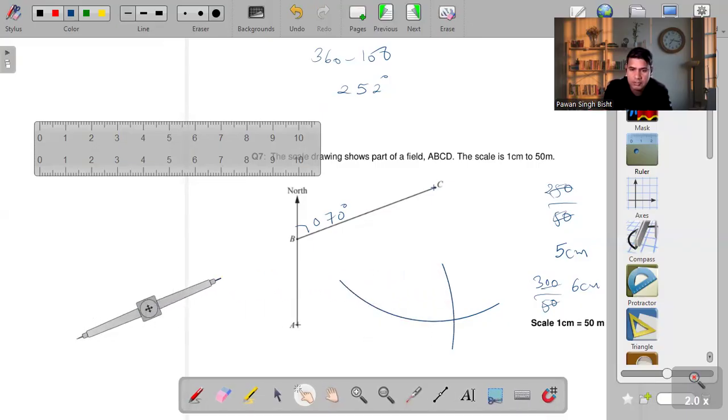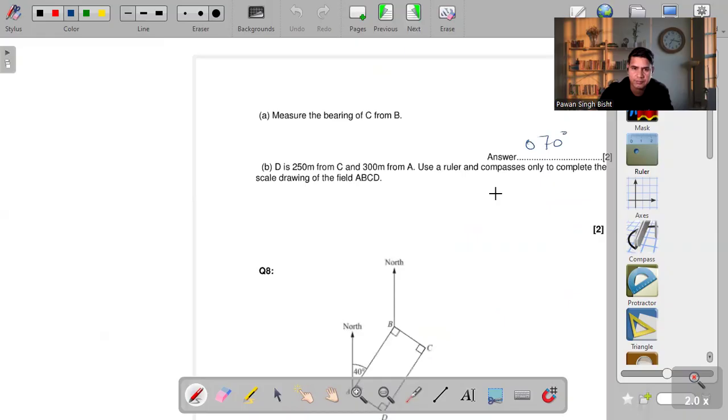Okay, now I join B with A and with C. Okay, this point is my D. This is 5 centimeter from C and 6 centimeter from A. Right, so this is the required quadrilateral that they are asking me.